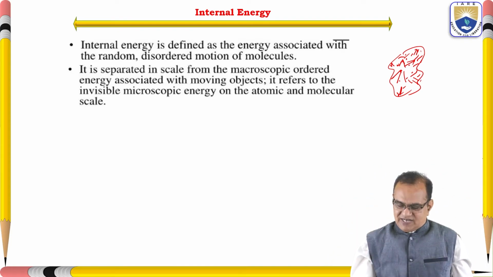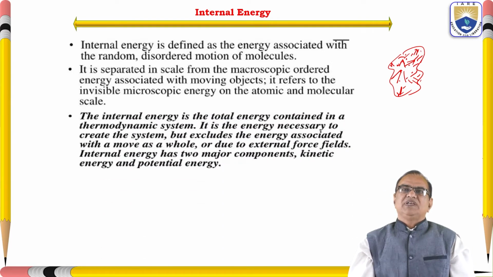That is called the internal energy. The internal energy is the total energy contained in a thermodynamic system. It is the energy necessary to create the system, but excludes the energy associated with a move as a whole or due to an external force field.